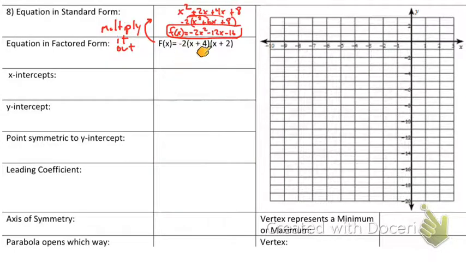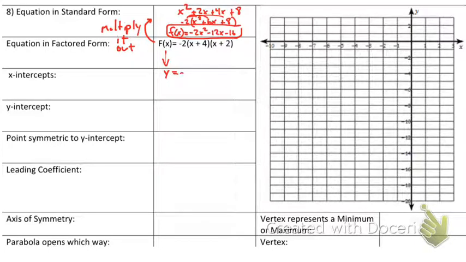We're good here. Now to find our x-intercepts, remember, we're going to take our factored form and put each factor equal to 0. So this f of x here, think of it as y now.